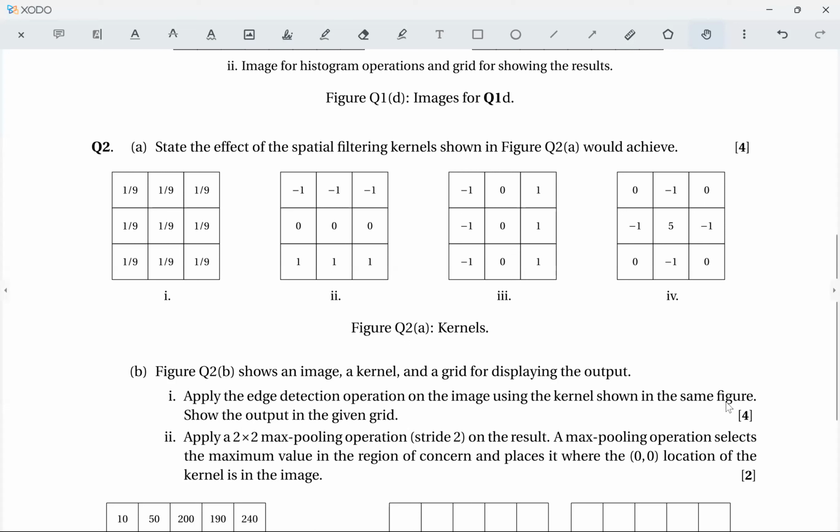If you take kernel number 1, you can see all the entries are 1/9s. If you take an image and place a kernel somewhere on the image, what would happen is the underlying pixels would be multiplied by the entries on the kernel, and they will be summed.